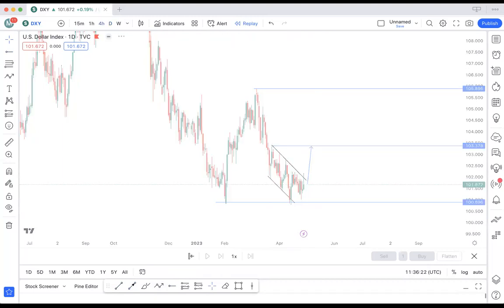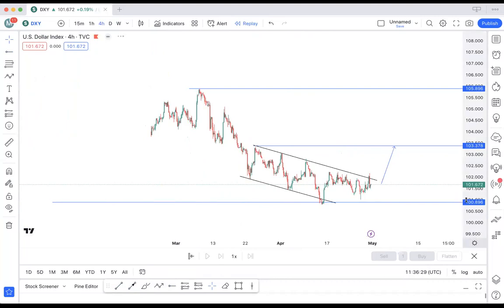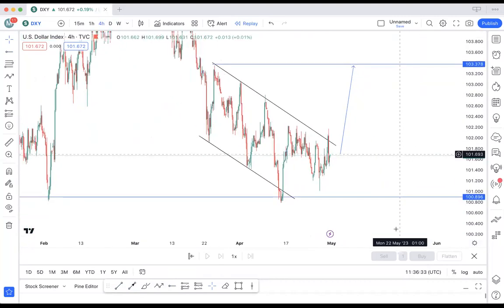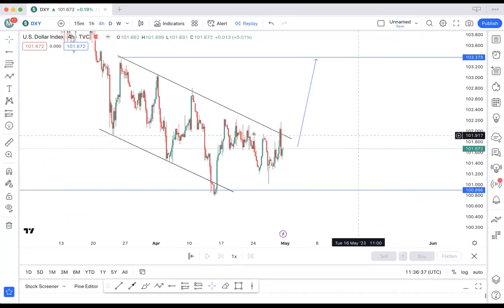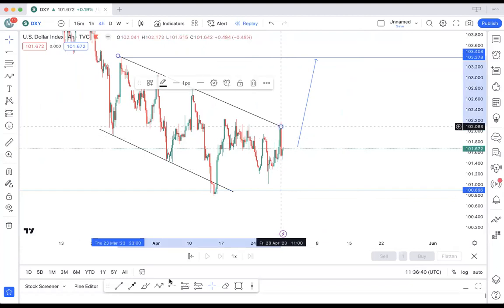And now jumping onto our 4 hour time frame, we are seeing price forming this overall double top structure. Let me just bring this trend line back a bit.